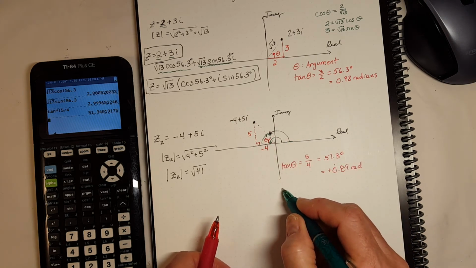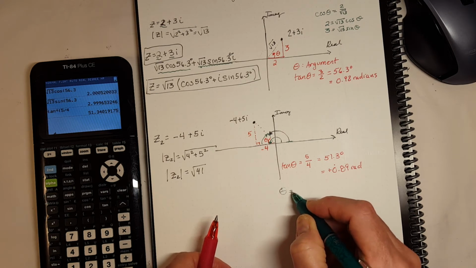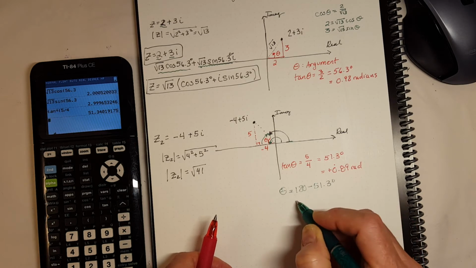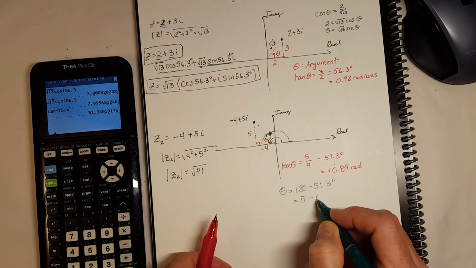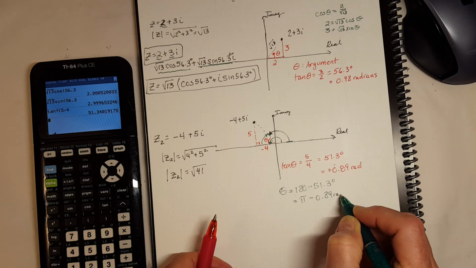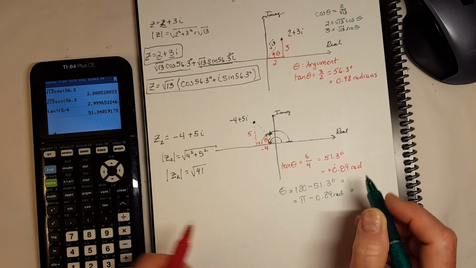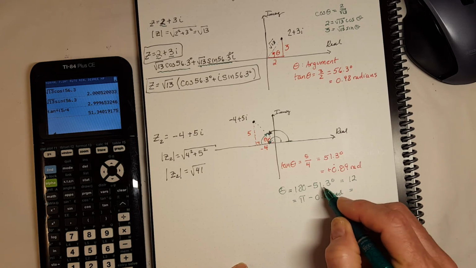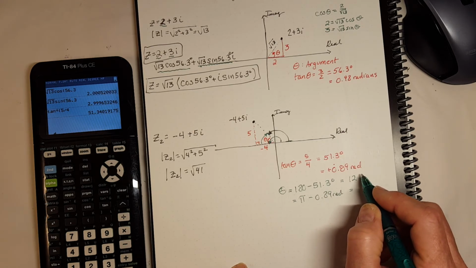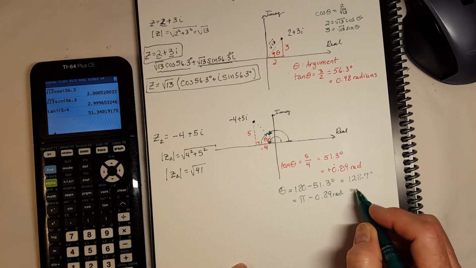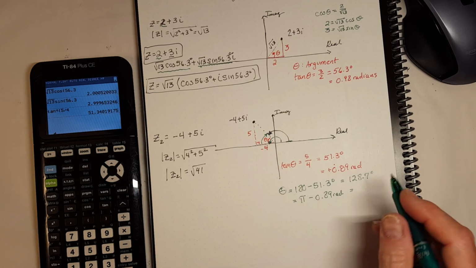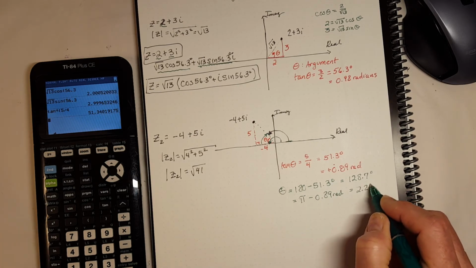And so our argument is going to equal 180 minus 51.3 degrees, or pi minus 0.89 radians. When I do those, I get 128.7 degrees, and this one becomes 2.24 radians.